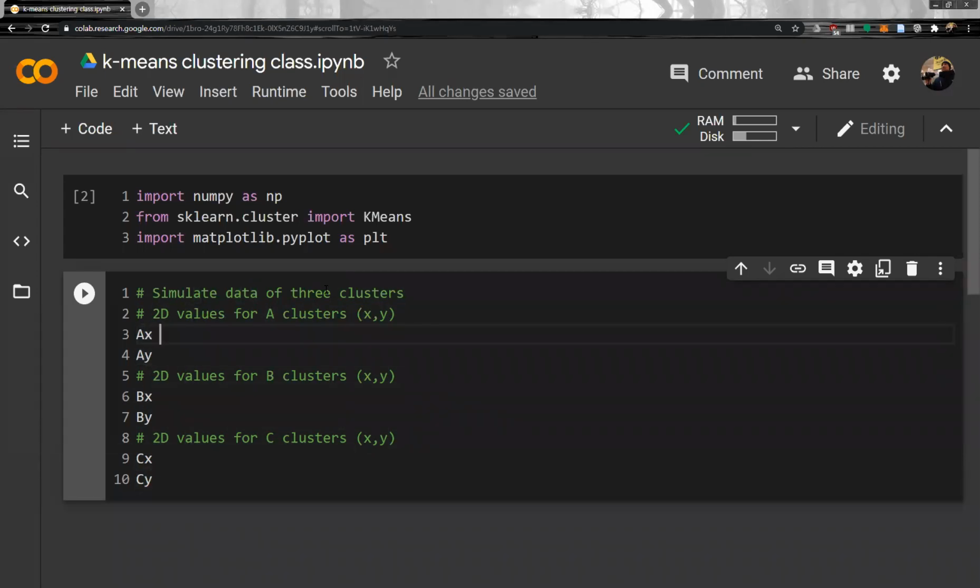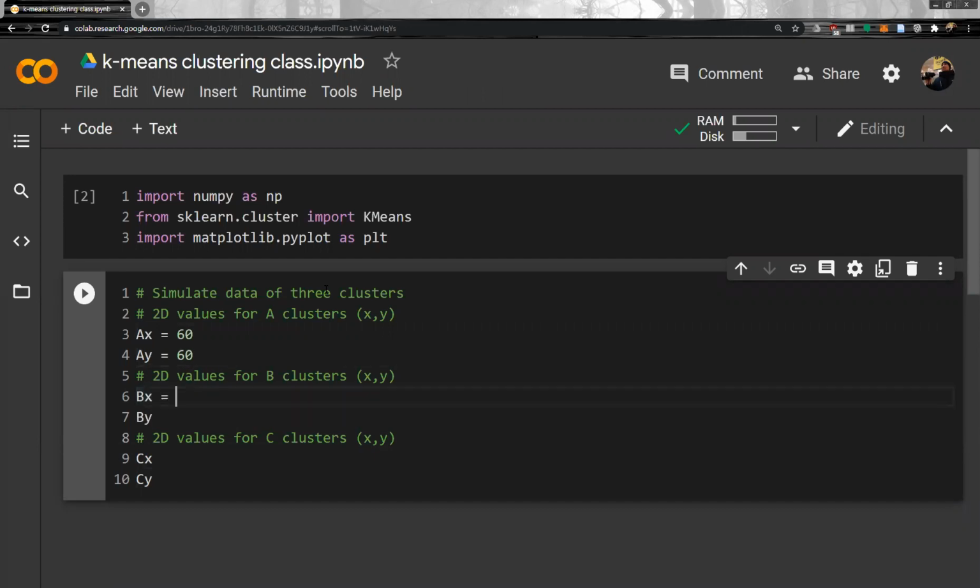And then we can generate some random numbers. So let's say they have clusters around, let's say, this is around 60 and then 60, around the 60.